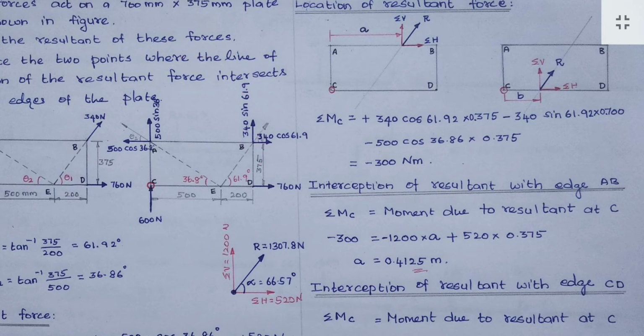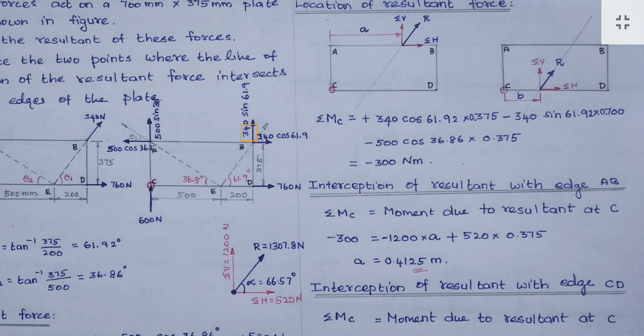When I apply the upward force at this point B, it will rotate in this direction. Which direction? It is anti-clockwise, so it is minus. The force value is 340 sine 61. Then the perpendicular distance. Here this line of application is a vertical force, right? So the perpendicular distance means this direction, this length.